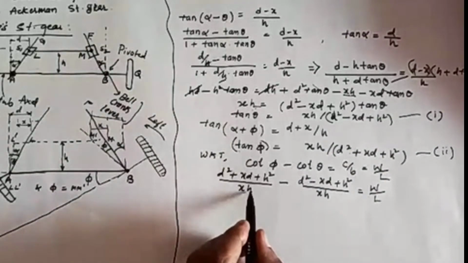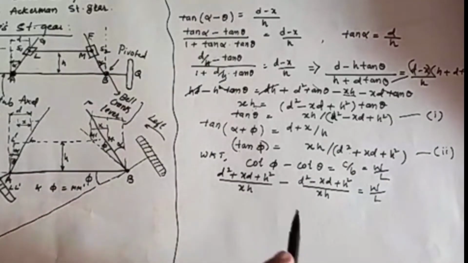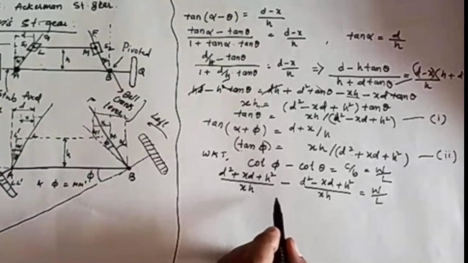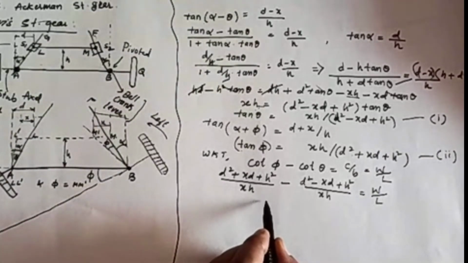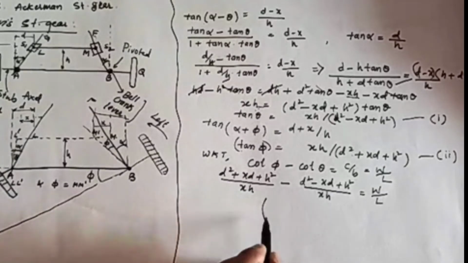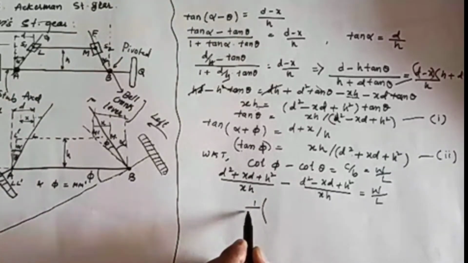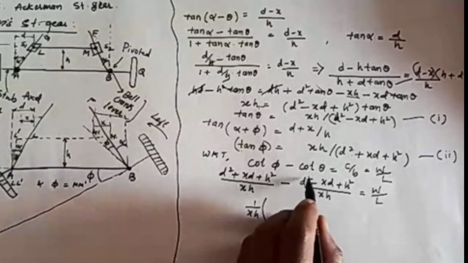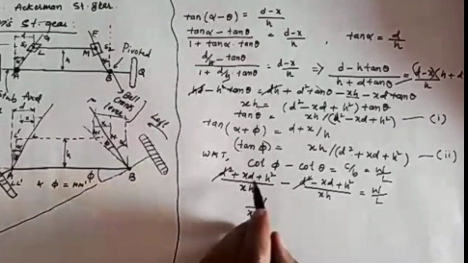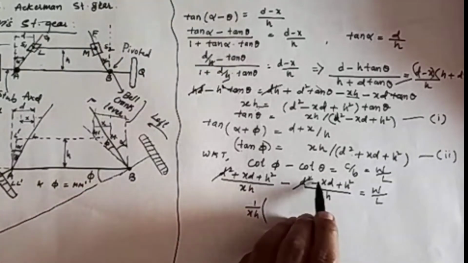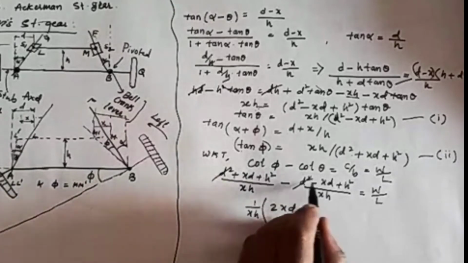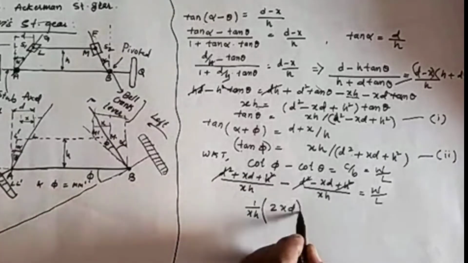If you take 1 by xh common, then what will remain in the equation? d square minus d square will get cancelled. xd and plus xd, you will get 2xd. h square minus h square, both will get cancelled.